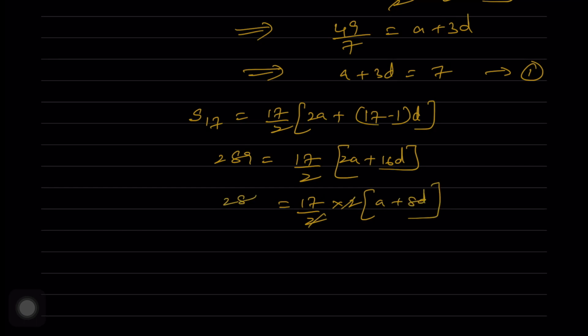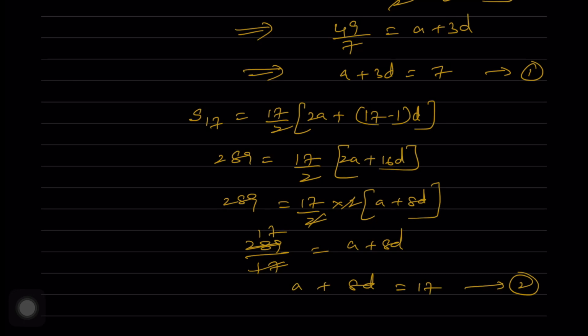So 2 will get cancelled over here. 289 by 17 is equal to a plus 8d, or 17. So a plus 8d is equal to 17. This is the second equation.